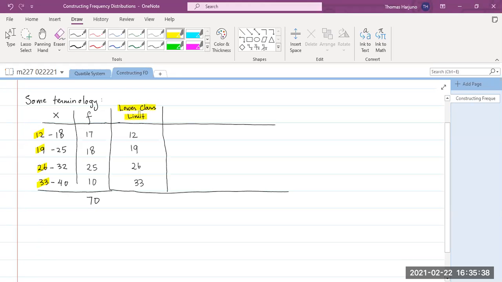Now, the upper class limit will be the largest number registered, the largest number you see for that class. So the upper class limits are 18, 25, 32, 40.